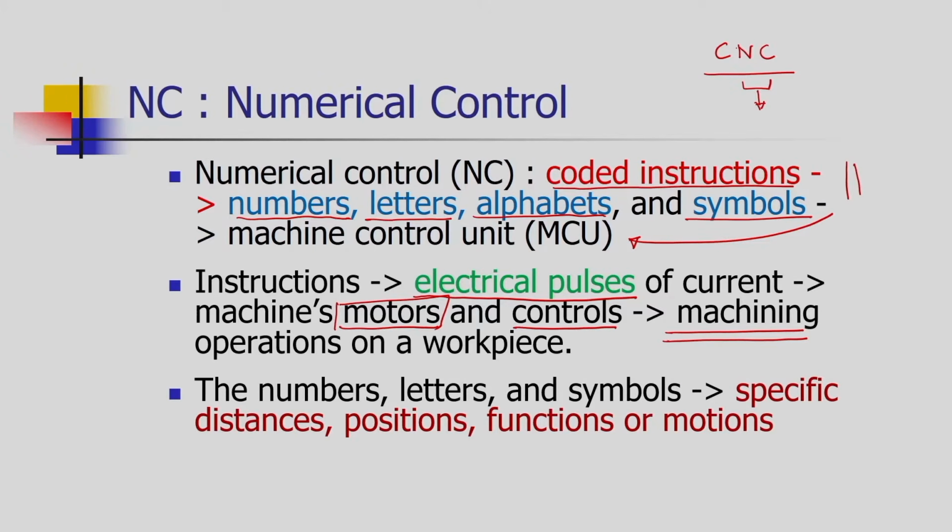What exactly are these coded instructions carrying as information? These instructions have information related to the distances, information related to the position, and information related to the activation of various functions to carry out auxiliary operations such as coolant on, coolant off, safety door on, safety door off, changing of the tool.